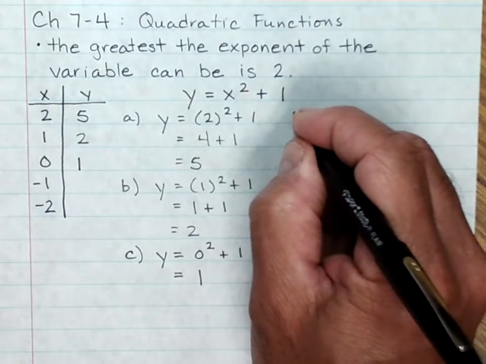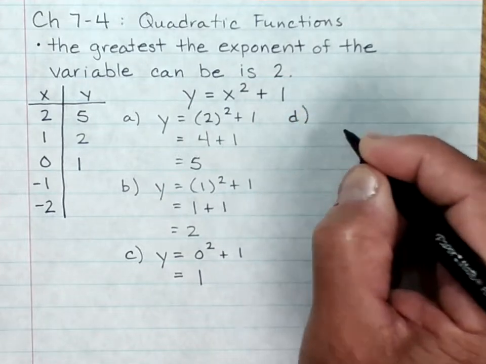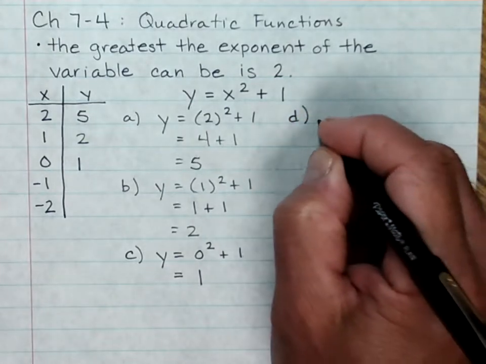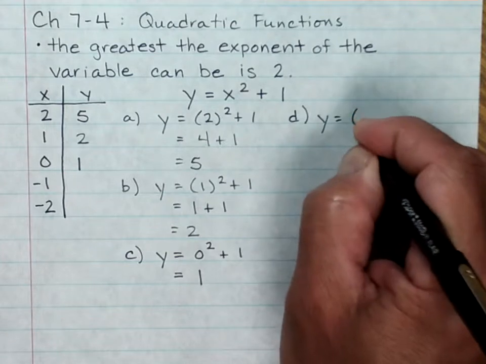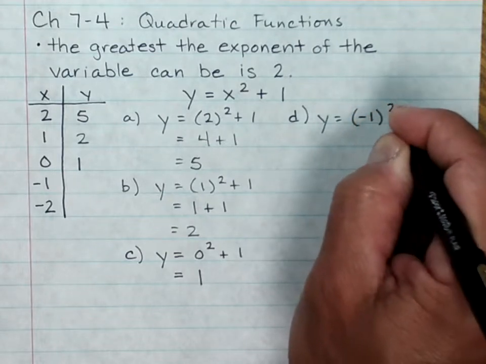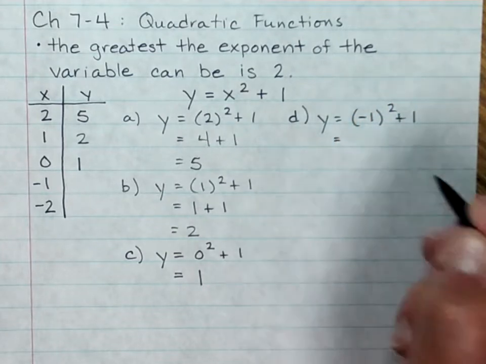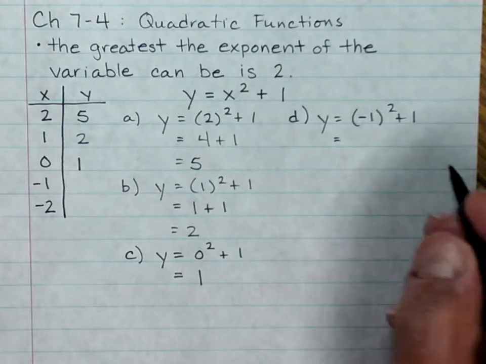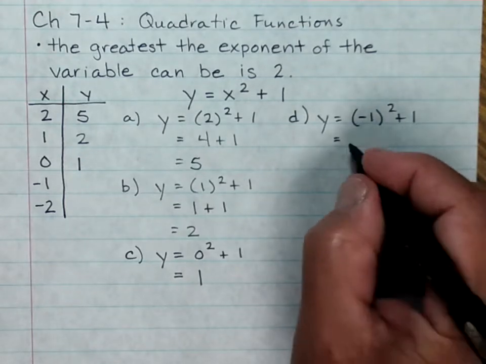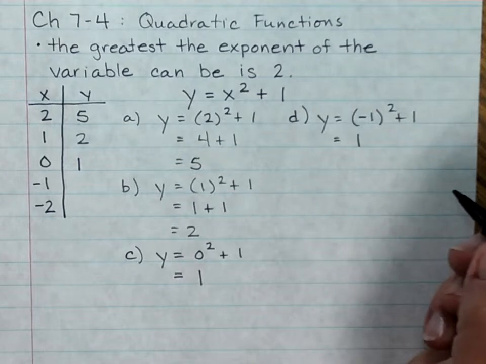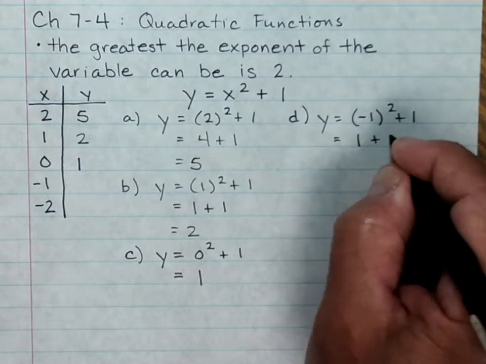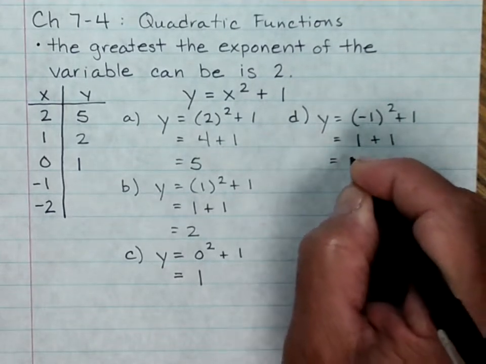D. y is equal to the quantity negative 1 squared plus 1. Negative 1 squared is positive 1, plus 1 is 2.